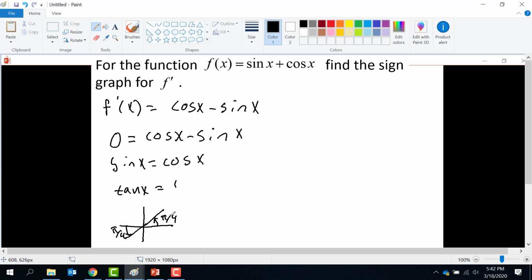And so then your angles are pi over 4 and 5 pi over 4. So now in the interval from 0 to 2 pi, your only critical numbers are pi over 4 and 5 pi over 4.